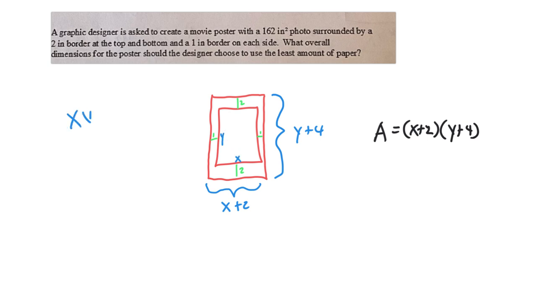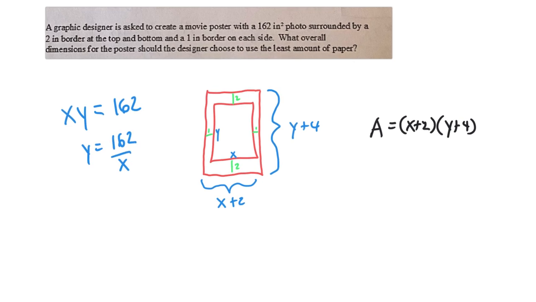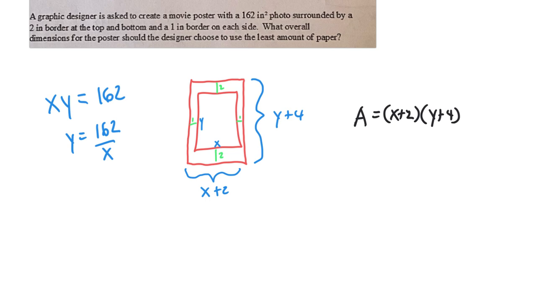We don't know what x is, we don't know what y is, but we know that when we multiply them together, you're going to get 162. Let's solve for y. That would be 162 over x, so therefore we can update this equation to say x plus 2 times 162 over x plus 4.